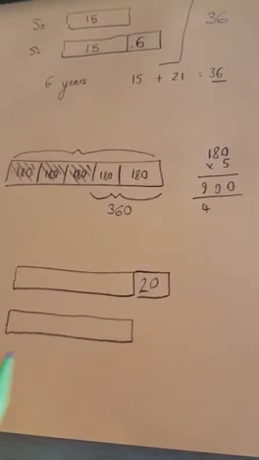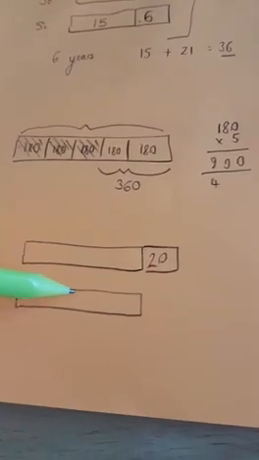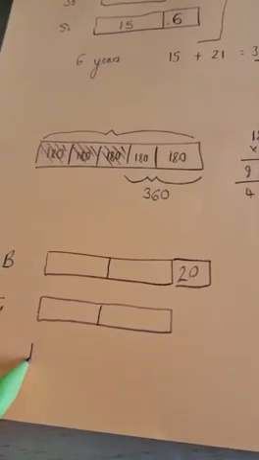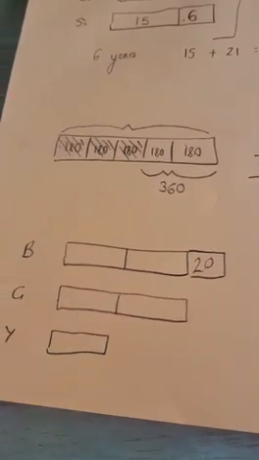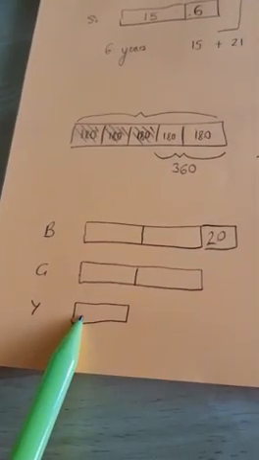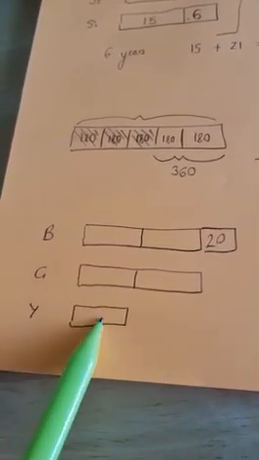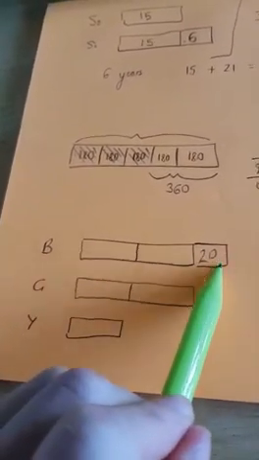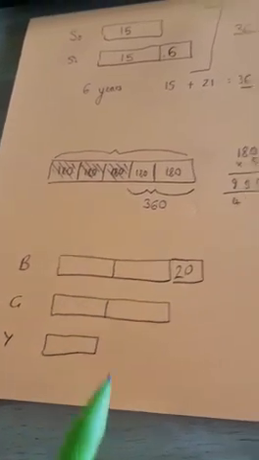So if we split that in half, there we go. There are half as many yellow as green. There are 2 parts to the 1 part. And then there are the 20 more blue than green.